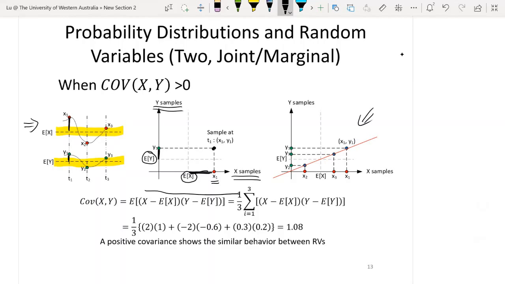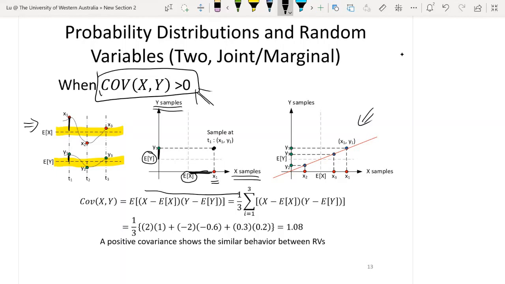In other words, I'm able to use the red line segment to describe the feature of the samples derived from these two random variables. Such a linear relationship is reflected by a non-zero covariance, because we can observe the linear relationship between samples. So such a linear relationship is indicated by a non-zero covariance value.